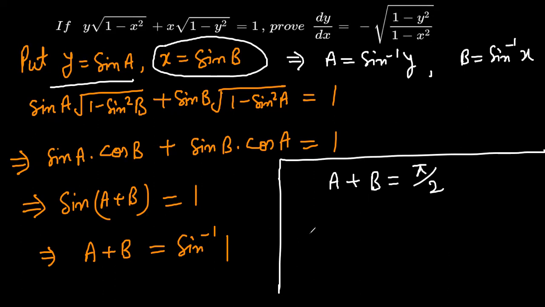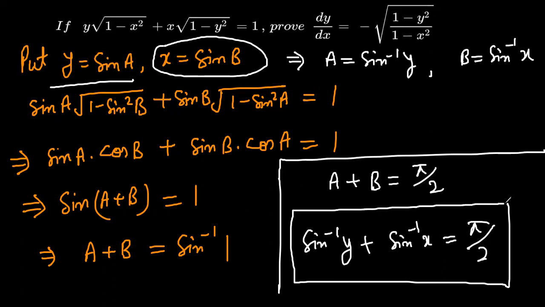So B is actually sine inverse x, A is sine inverse y. So here we are writing sine inverse y plus sine inverse x is equal to pi by 2. Now see, our equation is back in the form of x and y.